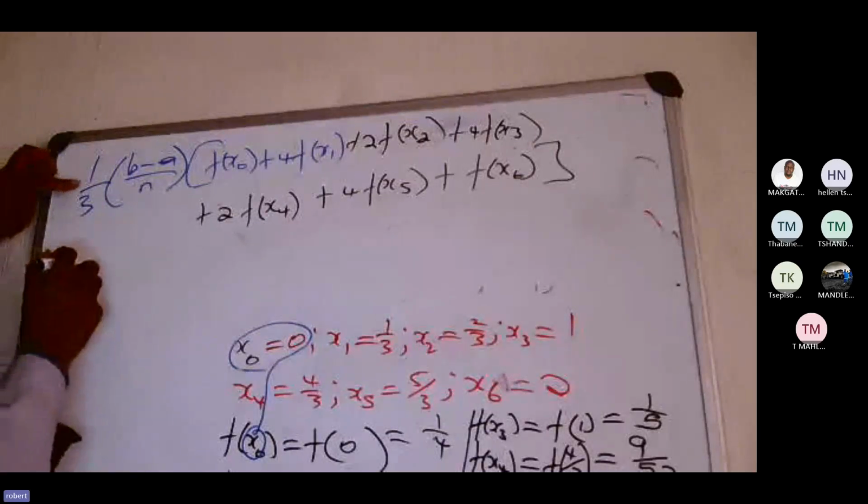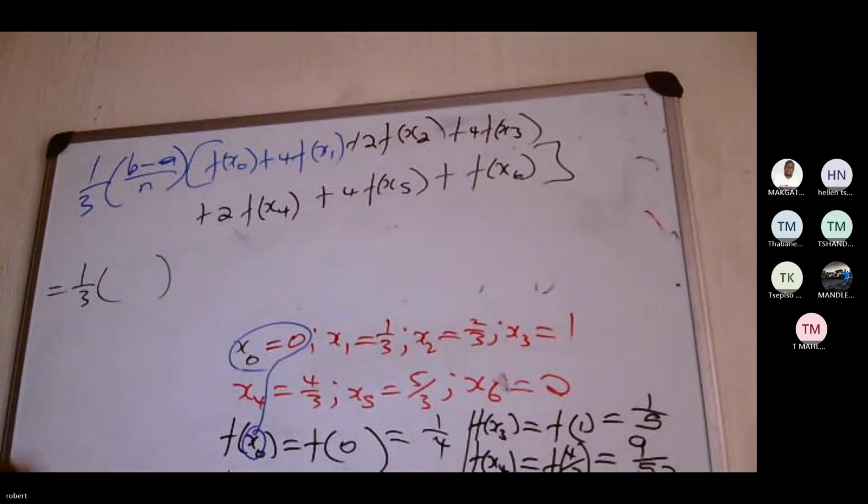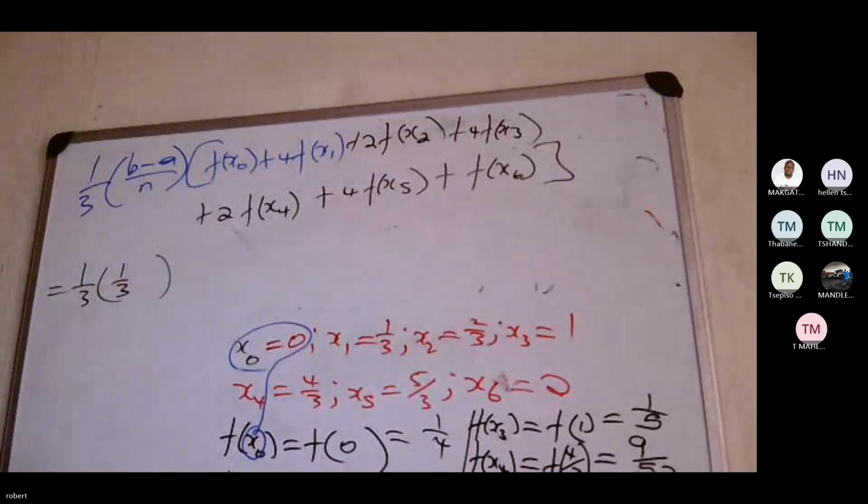It will now be 1 over 3. Don't forget, Simpson is (b minus a) over 3n. It will now be 1 over 3. In brackets, what is f of x0?